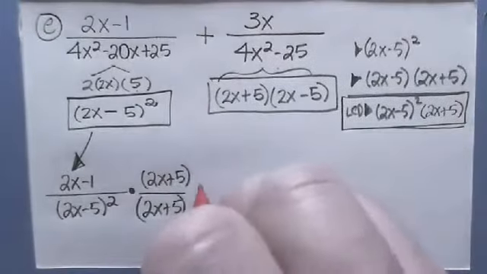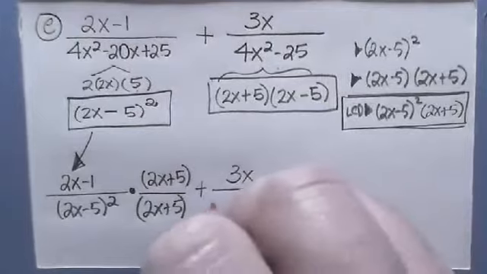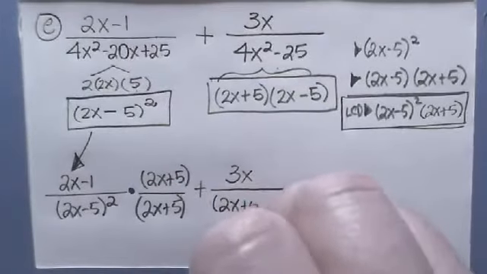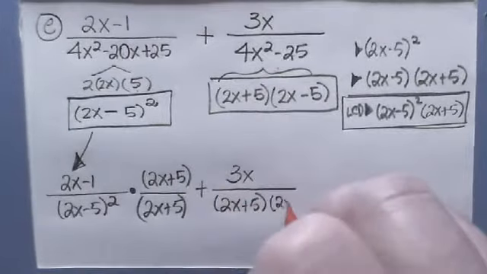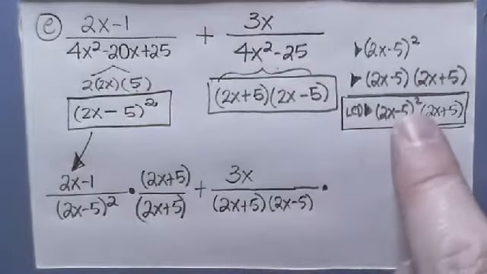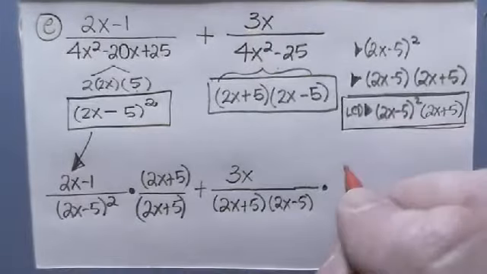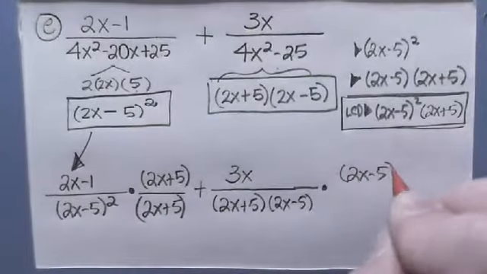I'm going to copy the rest, which is plus 3x over 2x plus 5, 2x minus 5. And we're going to compare that with the LCD, and we notice that we're missing 2x minus 5. So let's multiply it by what is missing.